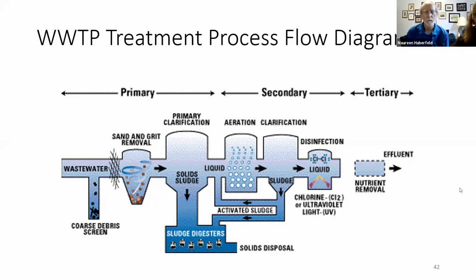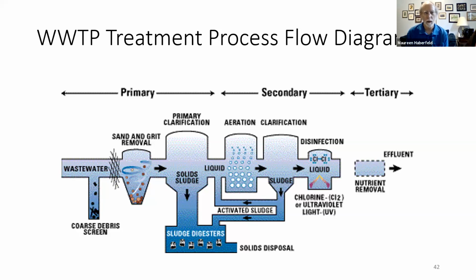This is the domestic wastewater treatment plant process flow diagram. You might remember from last week, I mentioned that there are different parts to this treatment process: primary, secondary, and tertiary treatment. Domestic wastewater is the water that we send down our toilets and down our showers and sinks.